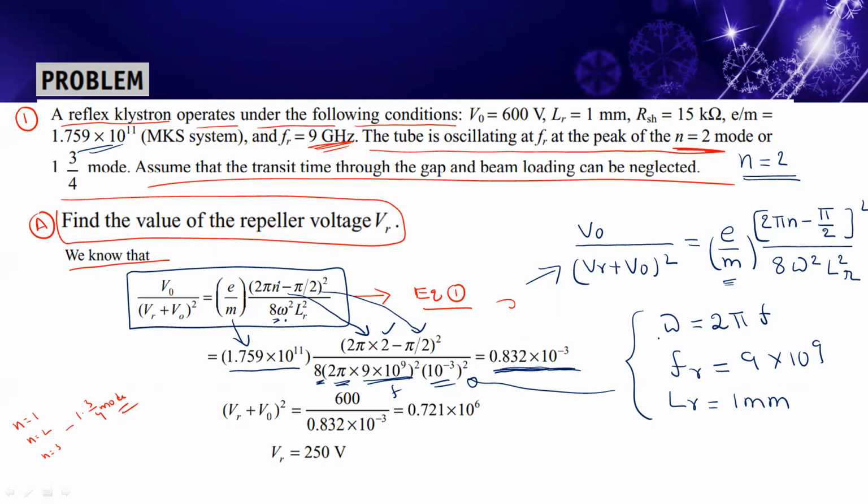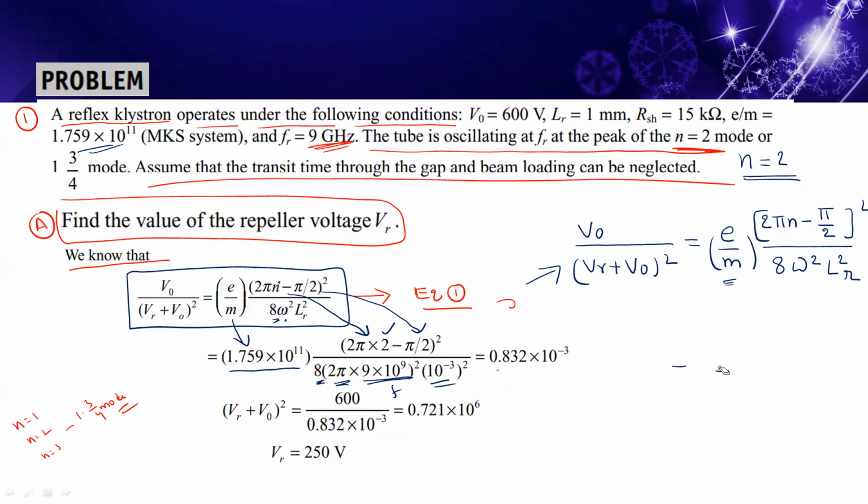So from this example, what is the required thing? What is the formula?